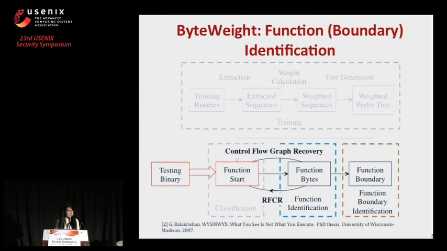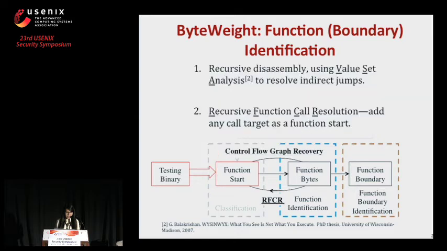Function identification is based on function start identification. So we assume that we already have the function start result by classification. Given a function start, we first run CFG recovery, and we run RFCR, which means recursive function call resolution.